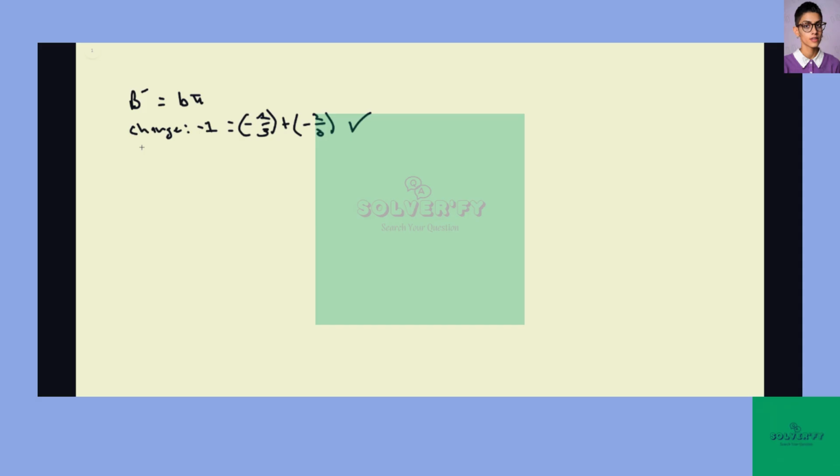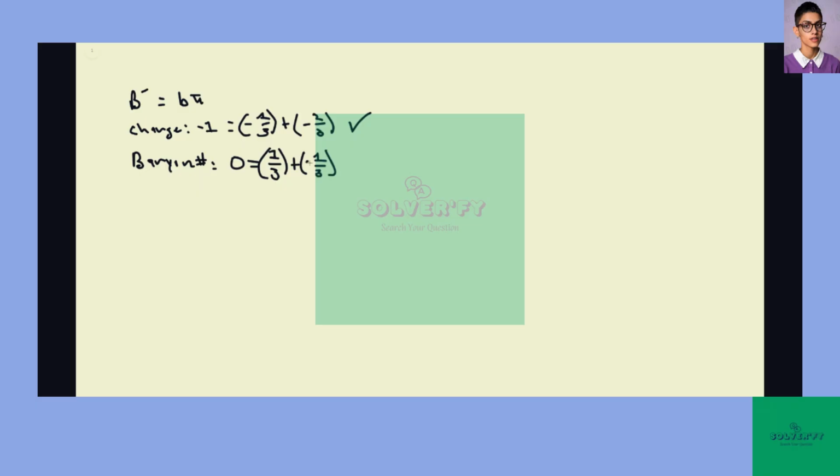Okay, so now the baryon number. For the baryon number, we've got 0 for the B meson, which is equal to, now the baryon numbers for quarks are, again, weird. They're thirds. So 1/3 for the bottom quark, and the anti-up quark is -1/3.